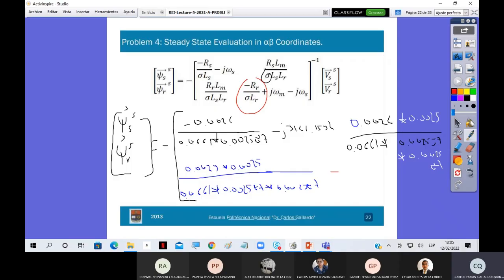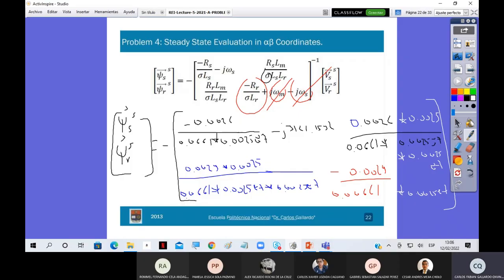I will have the rotor resistance plus the mechanical speed times the stator inductance. Okay, so because this is equal to this, I will cancel them off. So I will have only the resistance 0.0029 over 0.00661 times 0.002587.